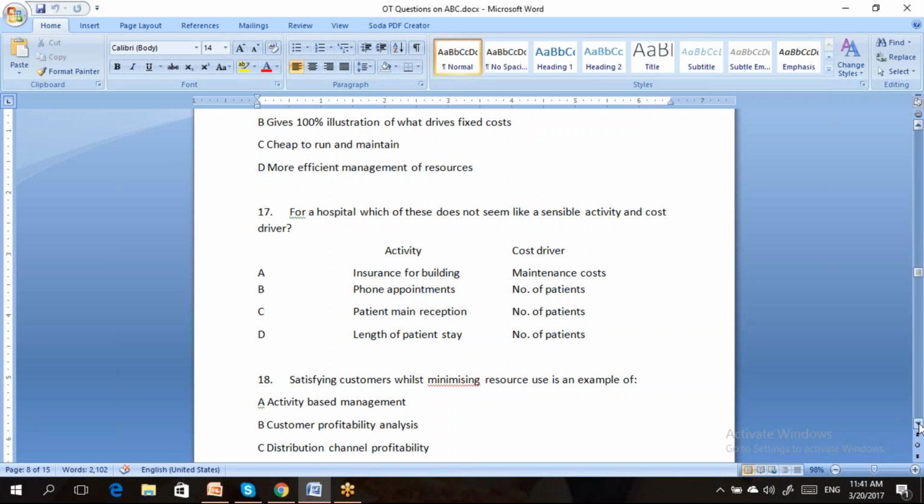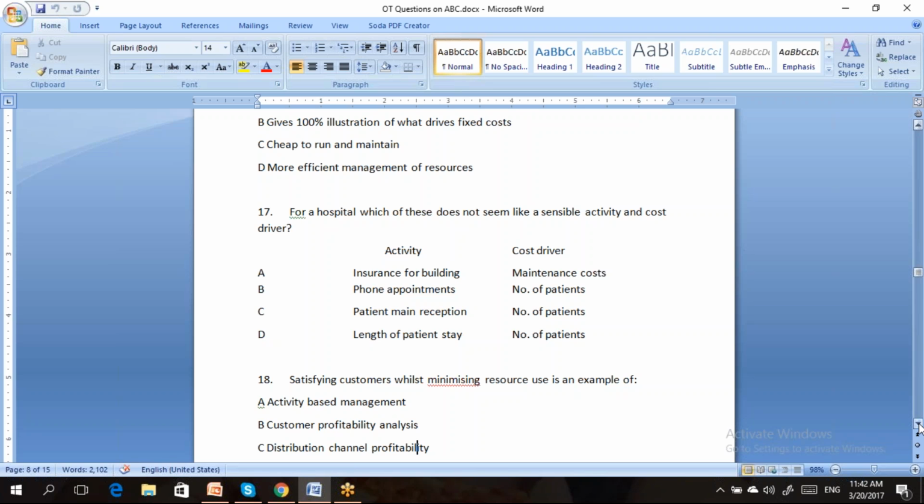So what is going to drive the cost of a patient stay is not the number of patients, isn't it? So I think D is the right answer there. B is the number of patients, the telephone calls, phone appointments, you can go by the number of patients. So what is not a sensible activity cost driver combination is D. So the answer should be D on that one.